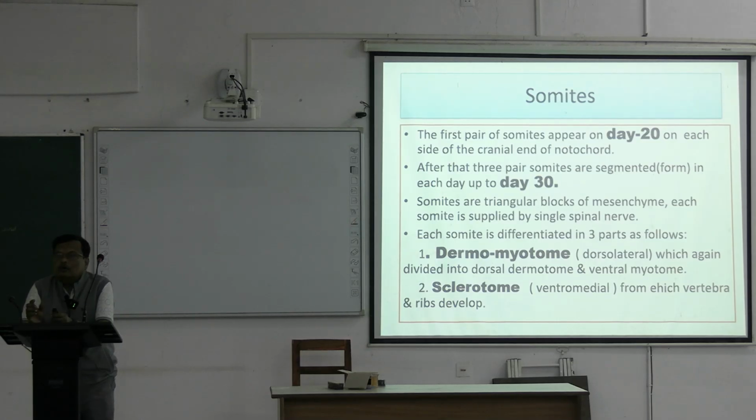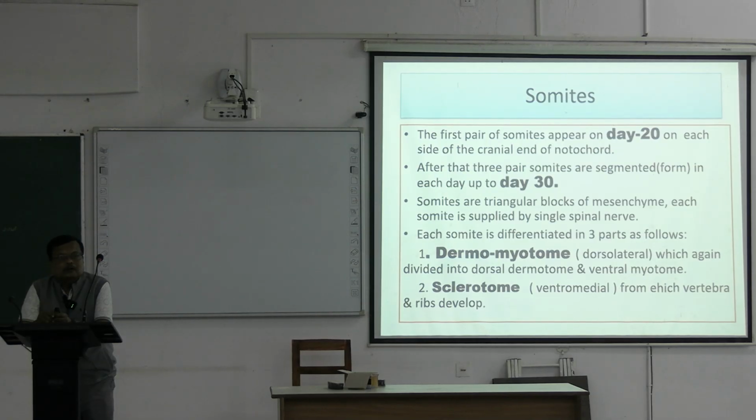If you find only 1 to 3 somites in an embryo, then you can say the age of the embryo is 20 to 21 days. Suppose you find 5 to 6, because every day 3 somites are produced, you can say the age of the embryo is 22 to 23 days. In this way, you can determine age.